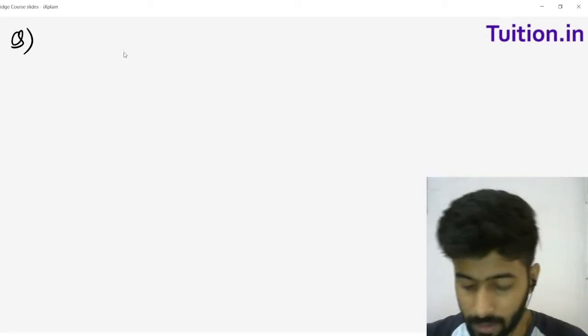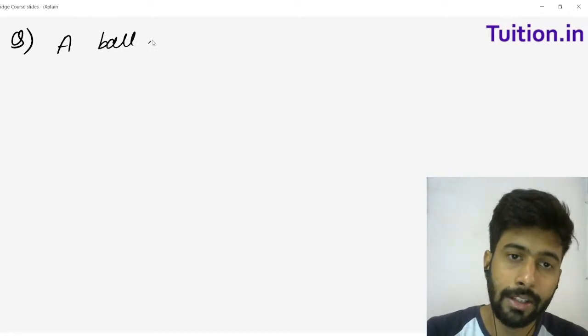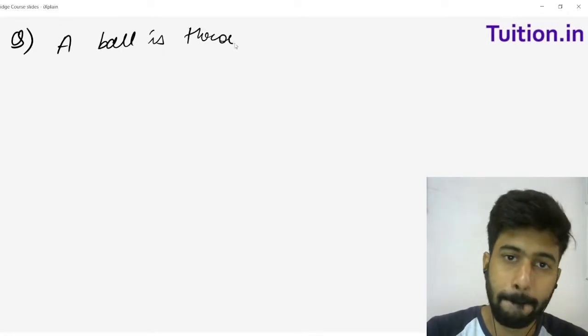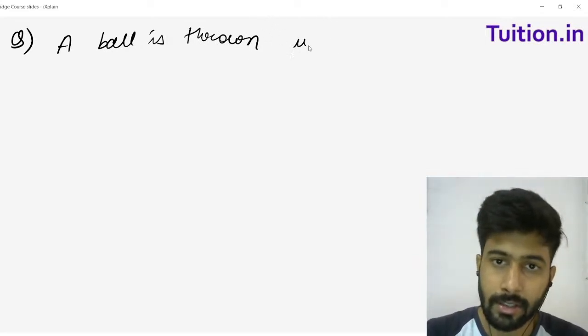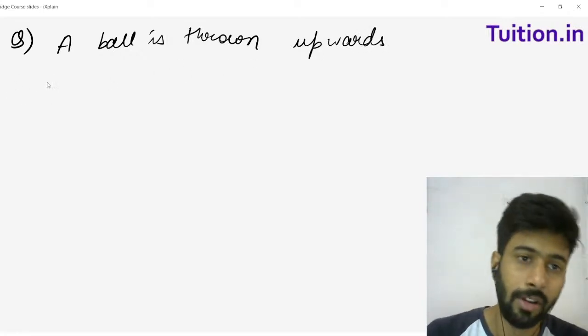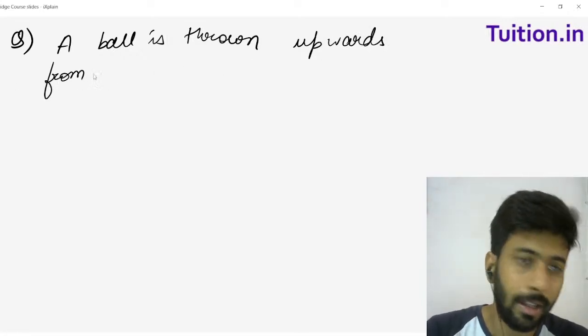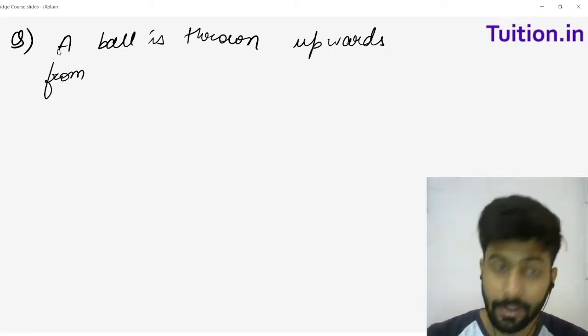All right, moving on. The question goes like this: a ball is thrown upwards. And people, you are going to get difficult questions now. I bet, but you will crack those difficult questions if you have an understanding of these 4 formulae.